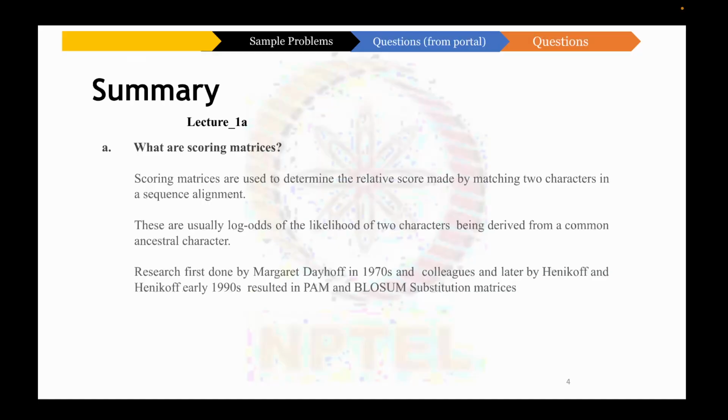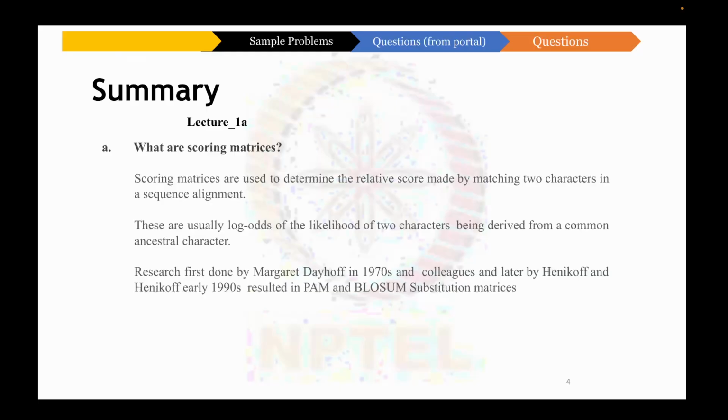I'm repeating again, scoring matrices are constructed based on the idea that certain substitutions are more likely than others due to evolutionary relationship or biochemical properties. The scoring matrices typically have positive scores for matches and negative scores for mismatches.